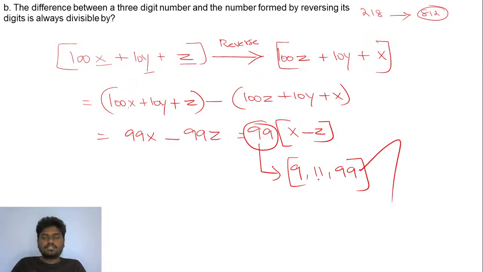So the answer is that it is always divisible by 9, 11, 99, and it can also be 3, 33, and it goes on. 33 is actually a multiple of 11. So this is actually the difference divisible by these numbers, right?